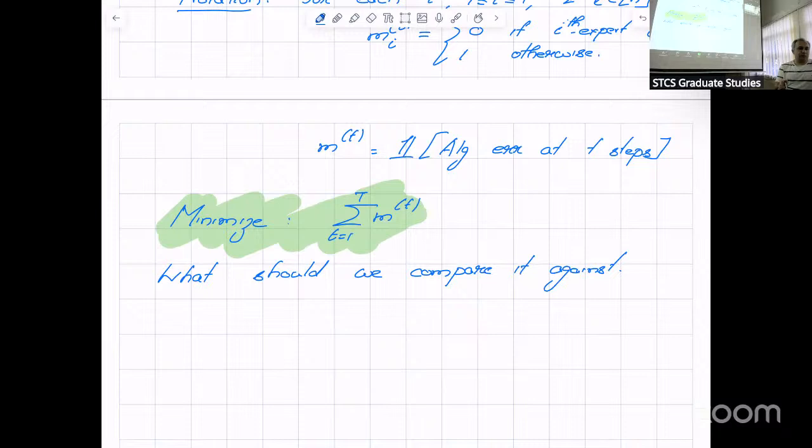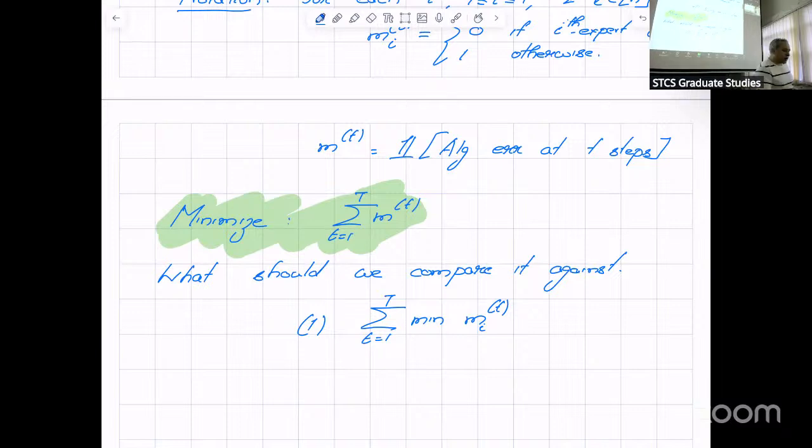Here, there are two notions. One notion of comparison is, for every time step t equals 1 to T, you find out if there's an expert who gets it right. So you're summing up the best losses. For each step, you find the best expert, how he does, and then take the summation across t. It could be a different expert for each time t.